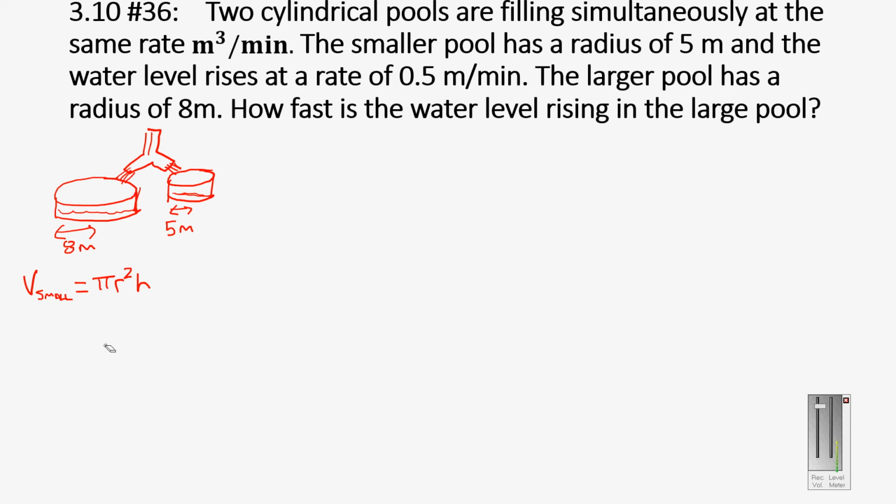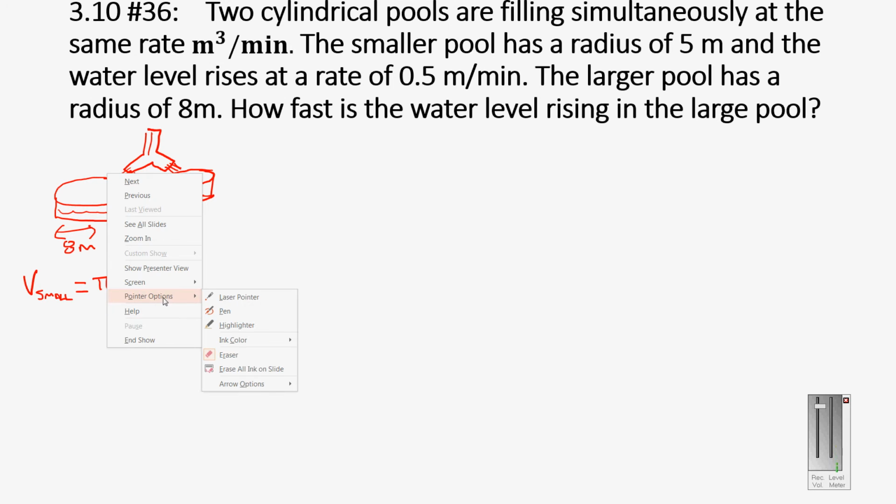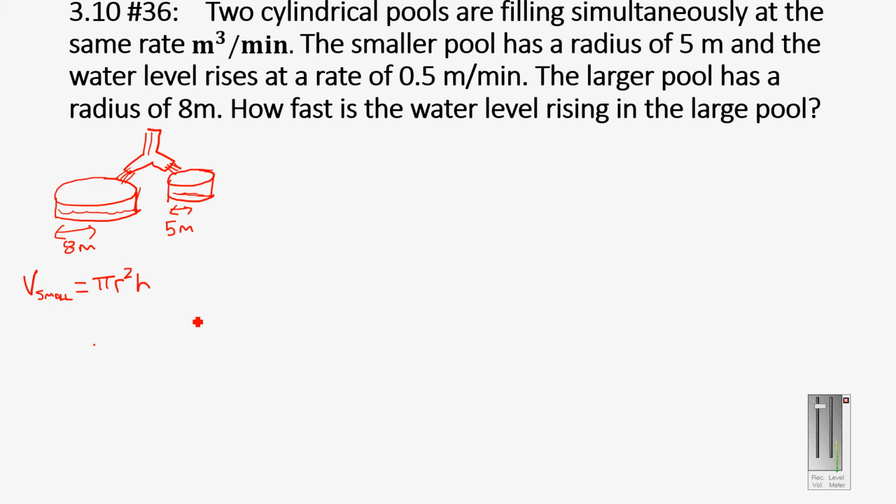But what we do know that's kind of interesting is we do know that the volume is changing with respect to the height. So I might even say something like dV/dt, or the change in volume with respect to time, is going to be equal to pi times r squared. I do have the r at 5, so that's pi times 25. And the change in volume with respect to time is a function of the change in height with respect to time.